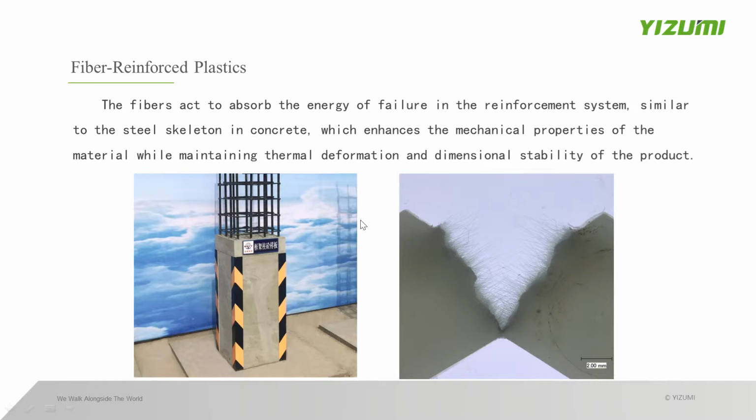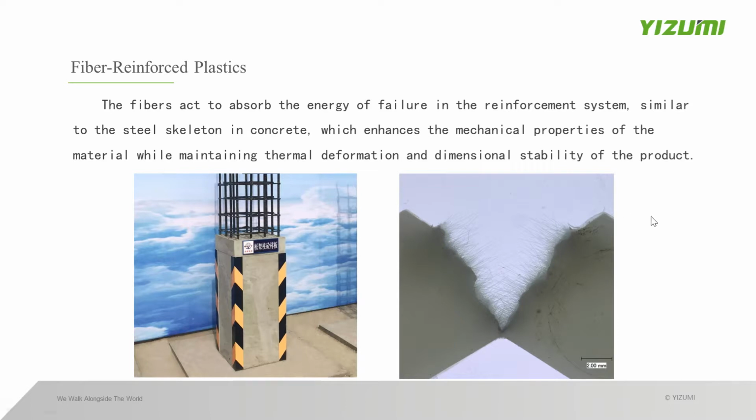I think the reinforced concrete system and the polymer system are the same. The fiber acts to absorb the stress in the reinforced system, similar to the steel in the concrete, which enhances the mechanical properties of the material via maintaining deformation and dimensional stability of the product.